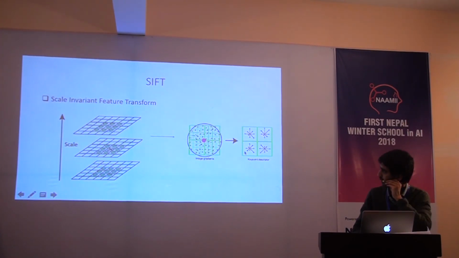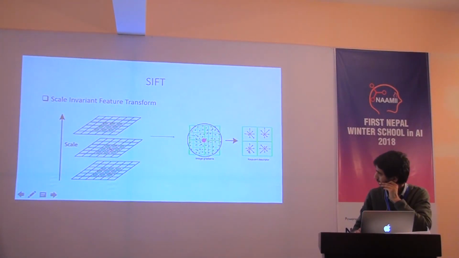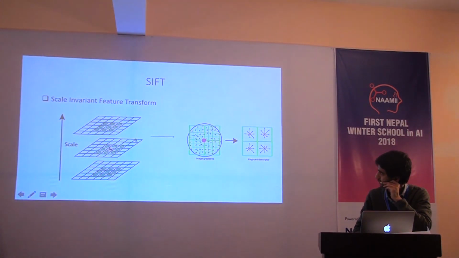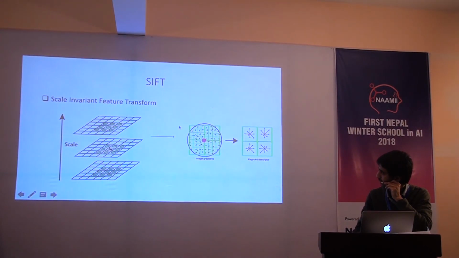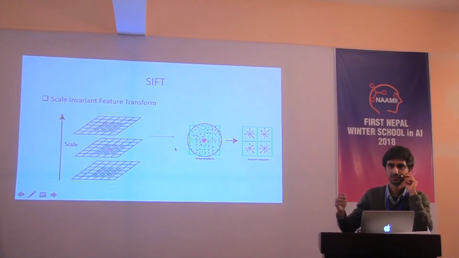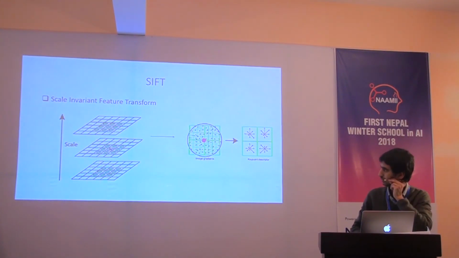So what you get in the end is the histogram of the directions of the gradient, and the descriptor from the SIFT feature extraction. At the end of this stage, you identify some points which are descriptive, and you have a vector of 128 real numbers.